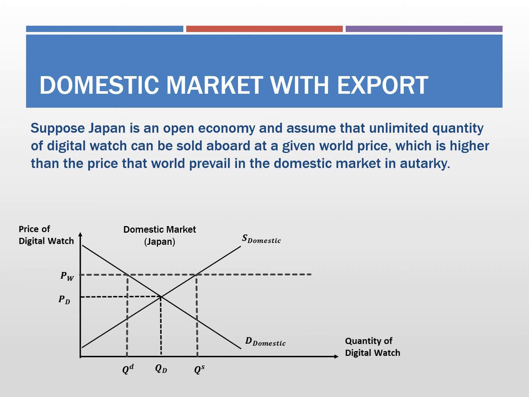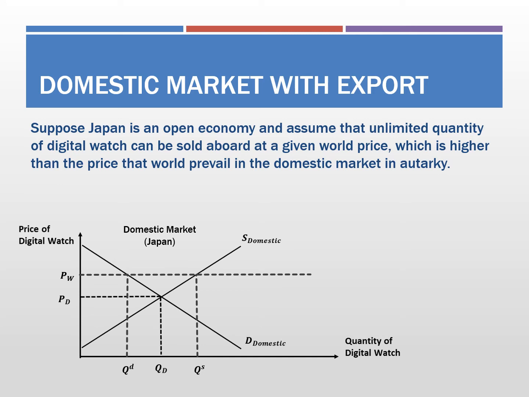The digital watch in the world is given a much higher average price than the Japanese domestic price. So you can imagine if Japan is not a country that is open for trade, they will have this domestic price for digital watches, which maybe you can call $100.